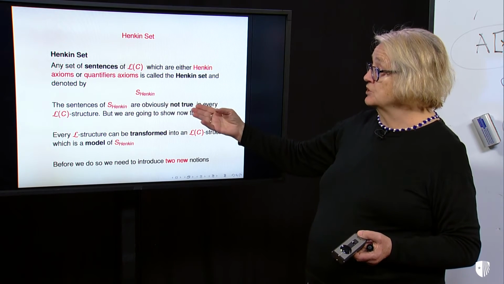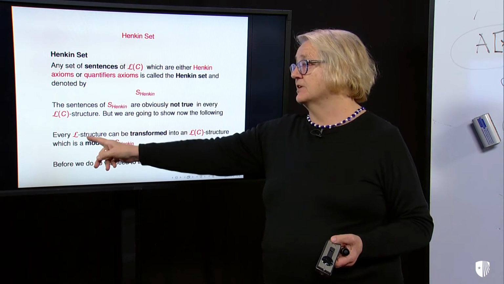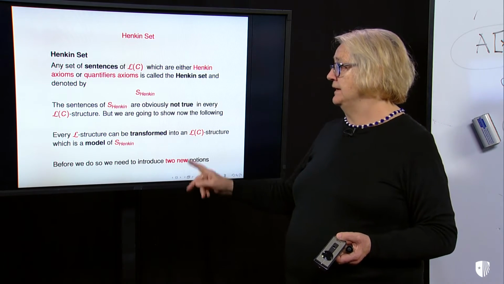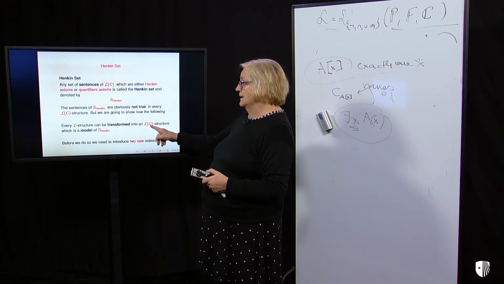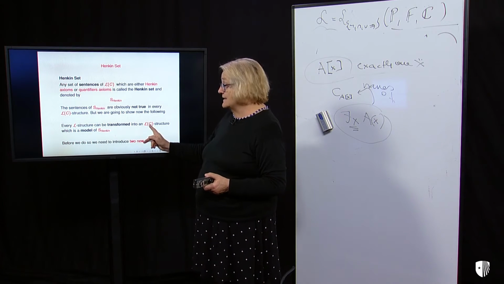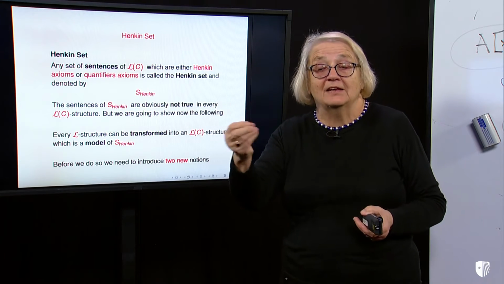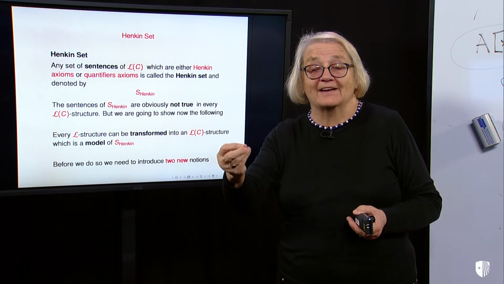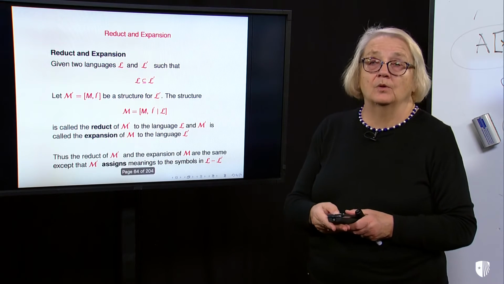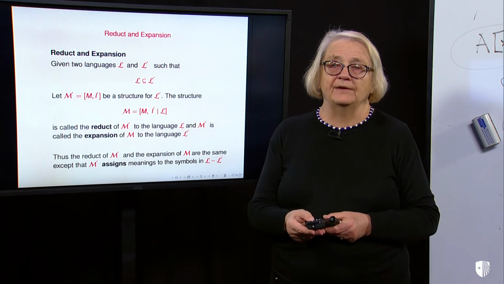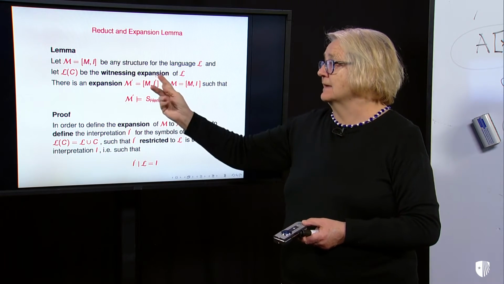And the sentence is obviously not true in every L_C structure, but we are going to show that every L structure can be transformed into an L_C structure for the extended language, which is a model for those Henkin axioms. This is extending: for each "there is x A(x)", you add the name of that x which satisfies it. Then you take the reduct, and M is a structure, and L_C is the witnessing expansion.